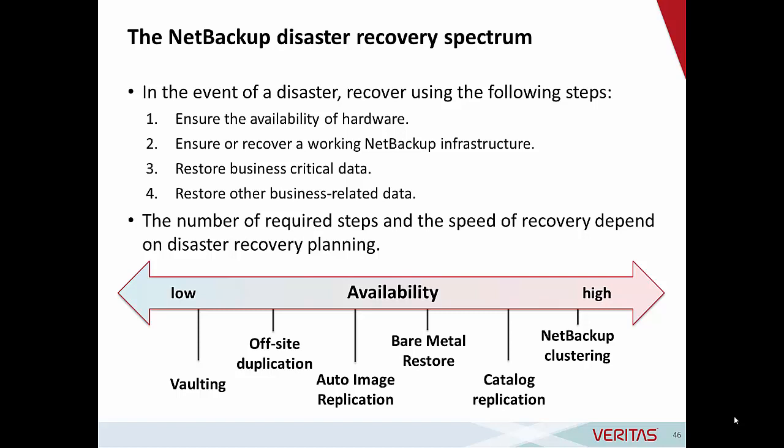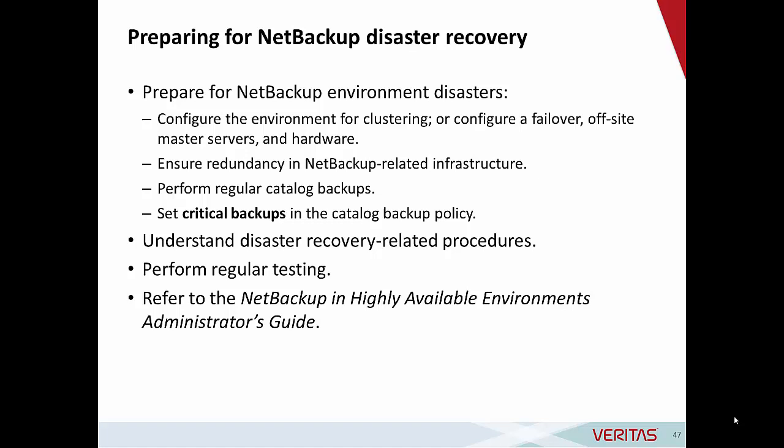We've talked a lot in this lesson about duplicating and replicating backup images. Now when it comes to my NetBackup information, when I'm doing DR preparation, make sure that I have a robust method for making sure that critical NetBackup metadata, i.e. the catalogs, is available at the recovery site.